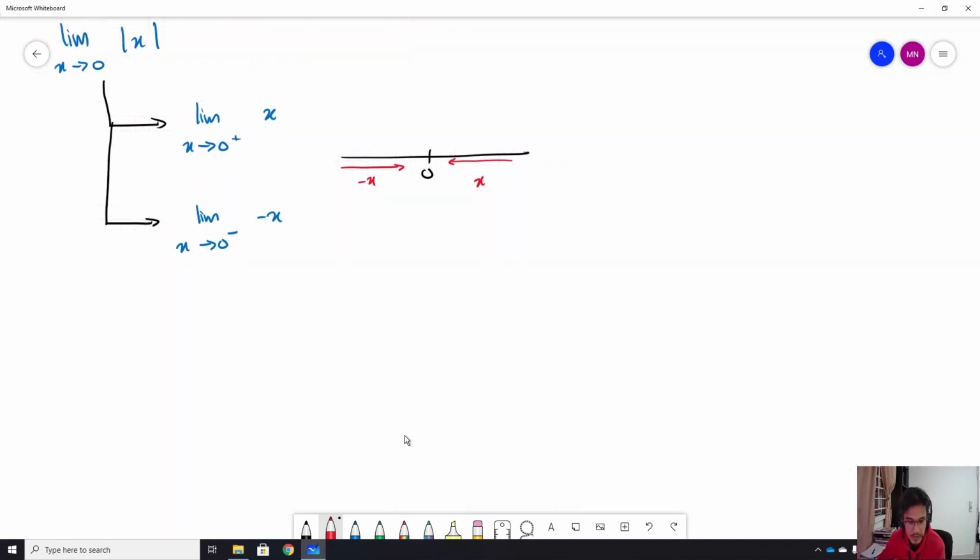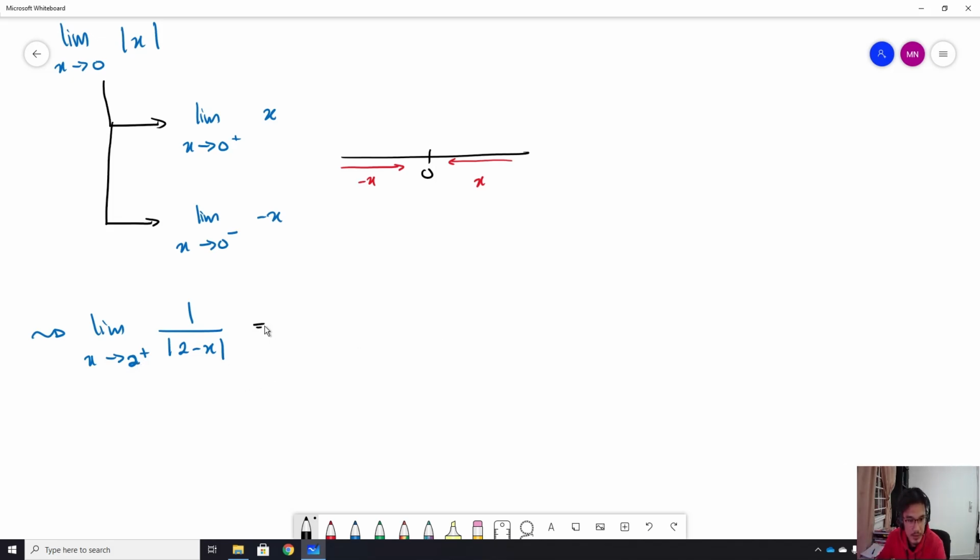Okay, so now let's look at the example of limit x approaching 2 from the right side of function 1 over modulus 2 minus x. So since we have 1 over modulus 2 minus x, and the limit wants to find the value of x approaching 2 from the right side, we need to consider modulus for positive only, because 2 is coming from the right side.